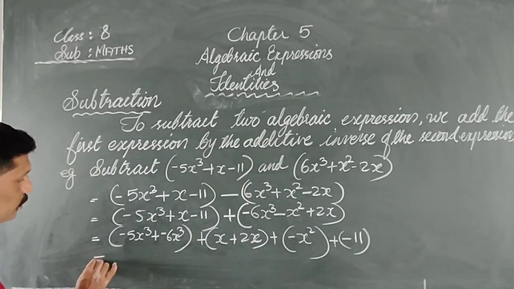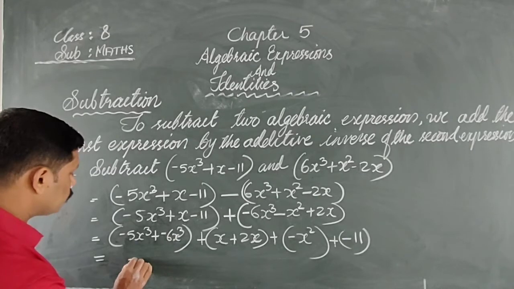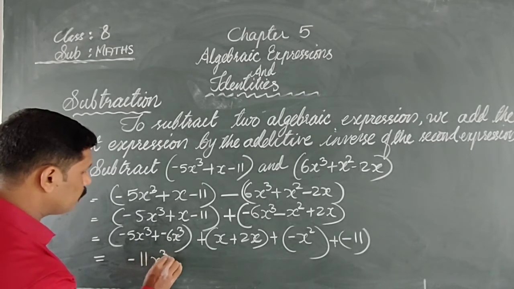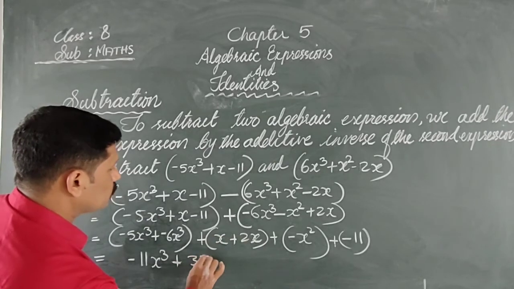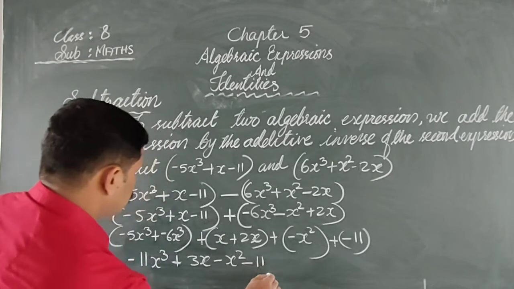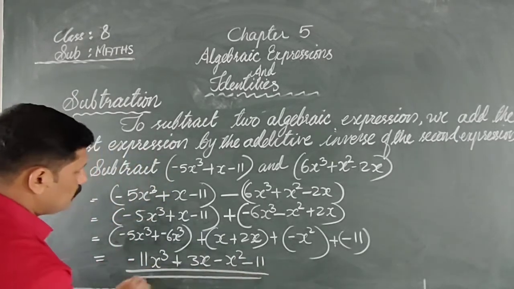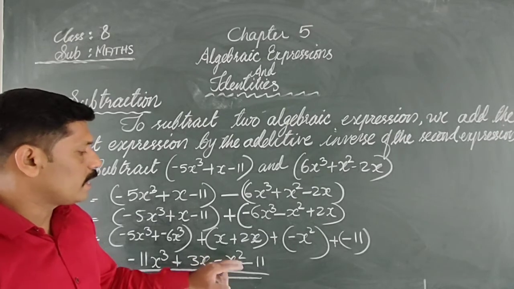So we add: negative 5x³ and negative 6x³, both are negative, we add, so negative 11x³ plus x plus 2x is 3x, minus x², minus 11. So the answer is negative 11x³ plus 3x minus x² minus 11.